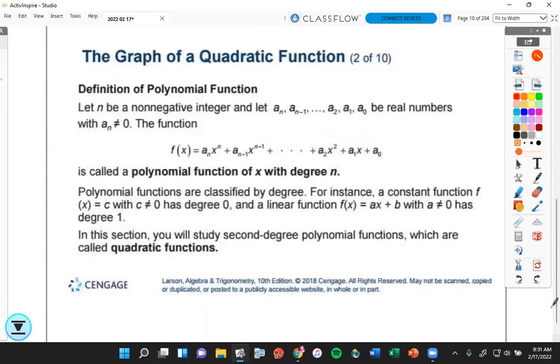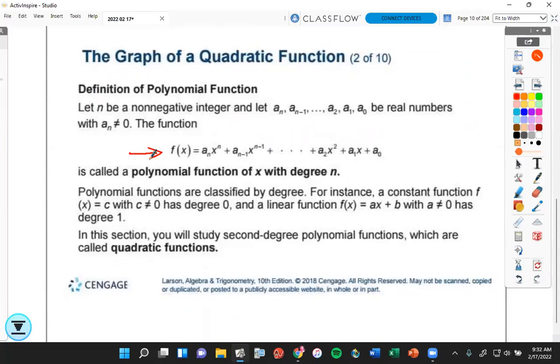The graph of a quadratic. Let's talk about just a polynomial function in general. This is the general form of any polynomial function. It's going to have some coefficient times x raised to some power. And if it's in general form, that power should be the highest power. Okay.